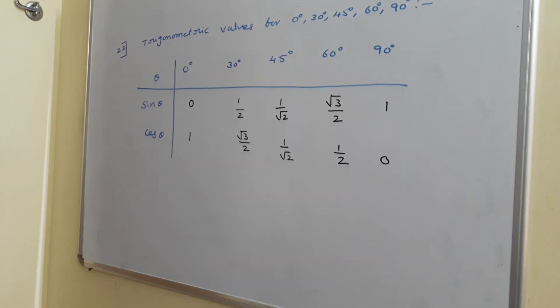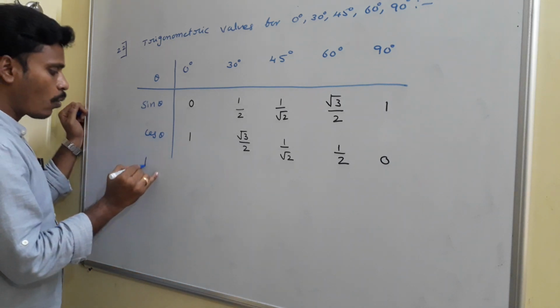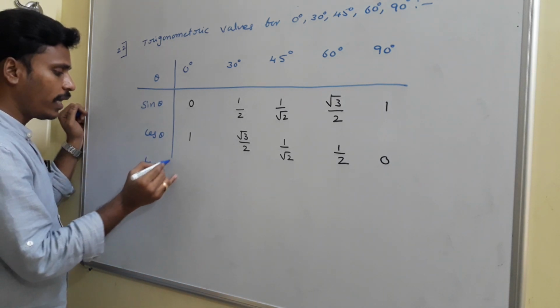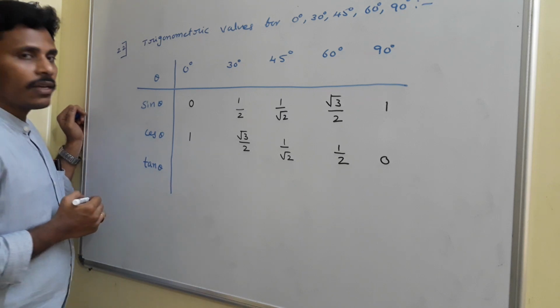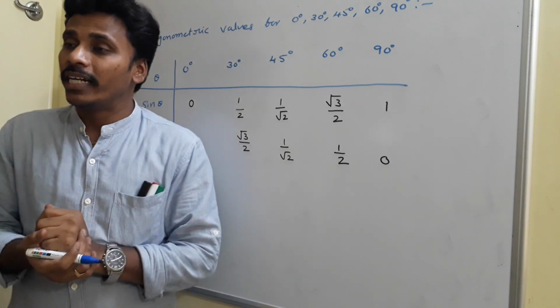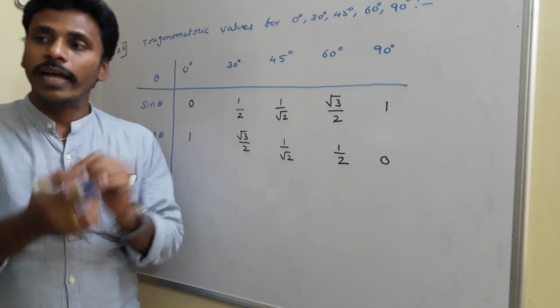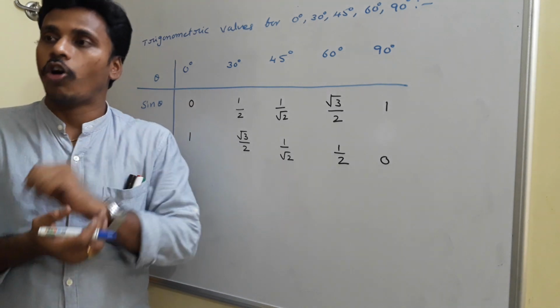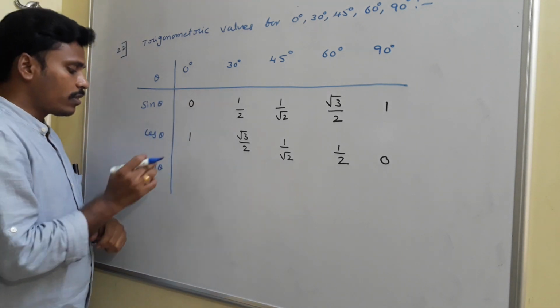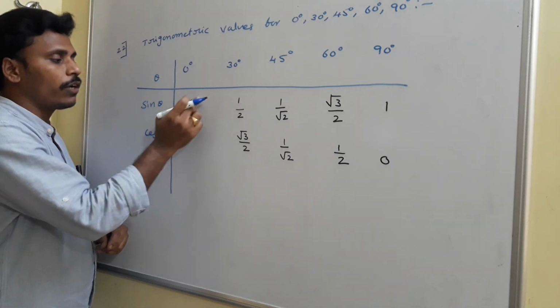In the table we have the values for sin theta and cos theta. Now to find the values for tan theta, what to do? Just think a while. Tan theta. As a basic identity, we derived the rule that tan theta is sin theta by cos theta. So tan theta is nothing but the ratio between these two.